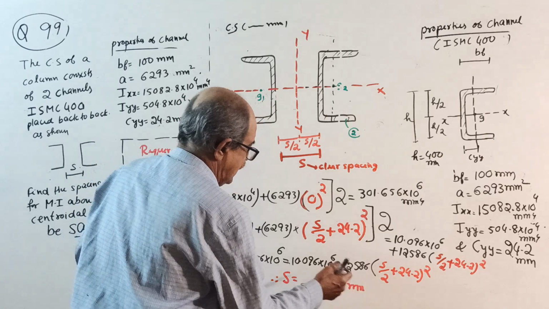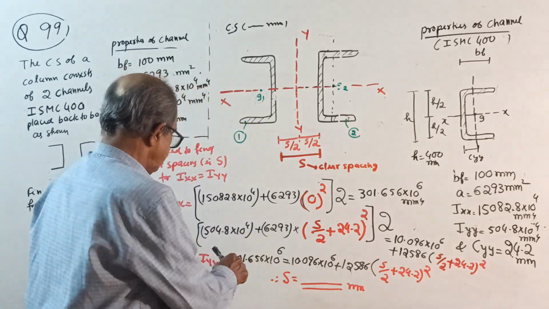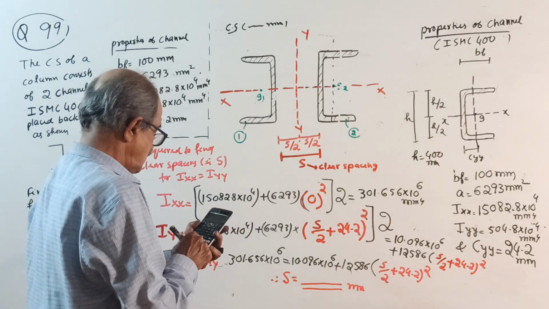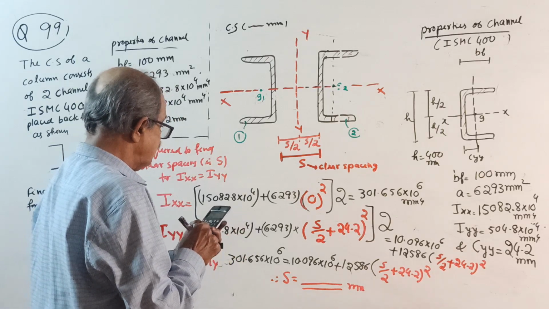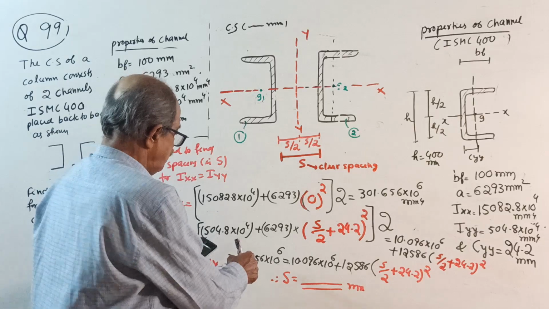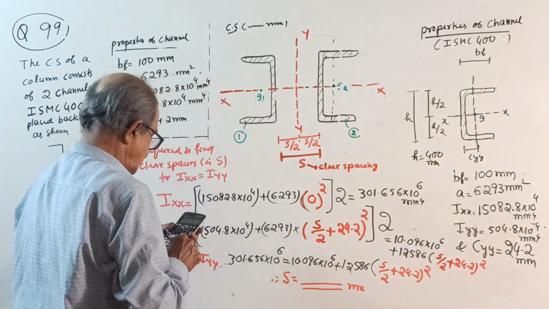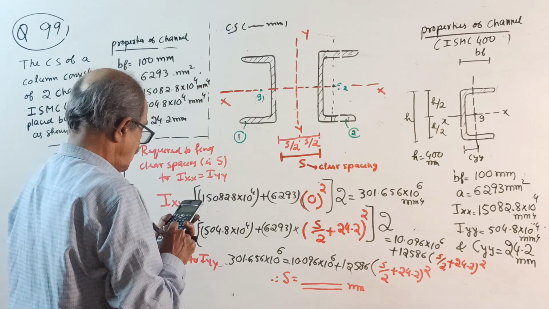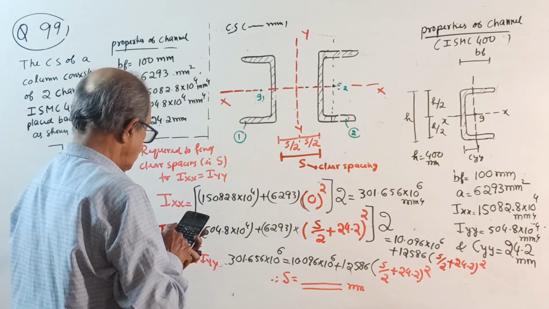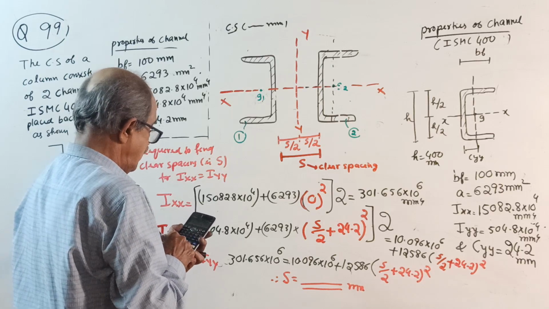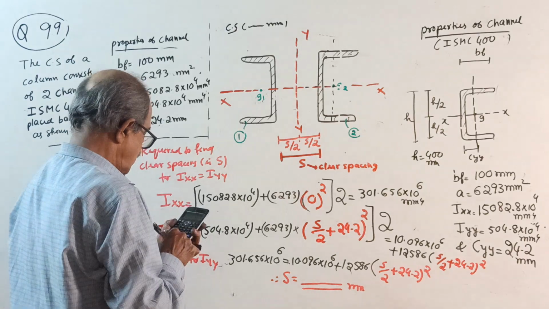I will tell you how to operate the calculator. First, simplify this: from 301.656 times 10 to the power 6, subtract 10.096 times 10 to the power 6.